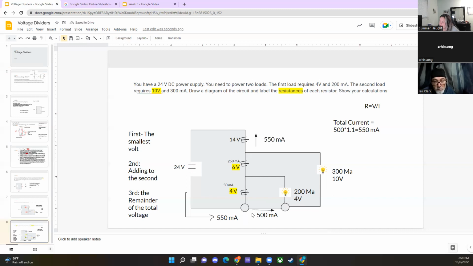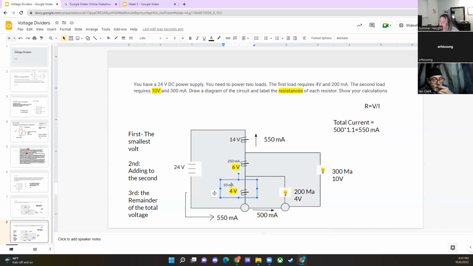But we can determine this 550 because of a couple of different things. The easiest way to explain it is this.